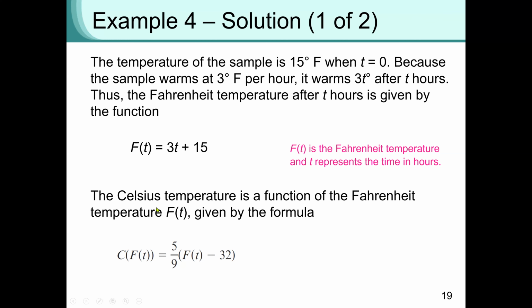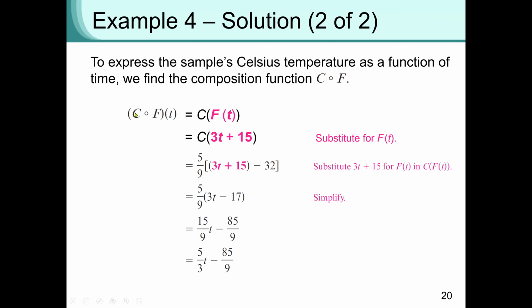Now, the Celsius temperature is a function of the Fahrenheit temperature F at t, given by the following formula. If I want to convert Fahrenheit to Celsius, the formula is 5 by 9, F degrees minus 32. So we substitute F at t in, and we solve the problem. So C composite F at t will give me C of F at t, and F at t is 3t plus 15.